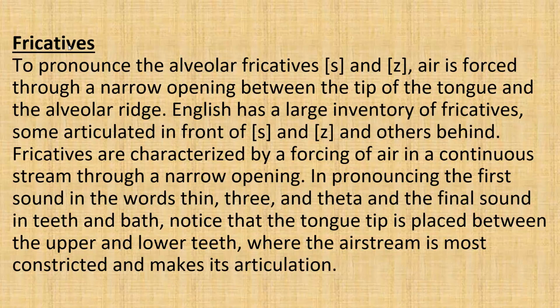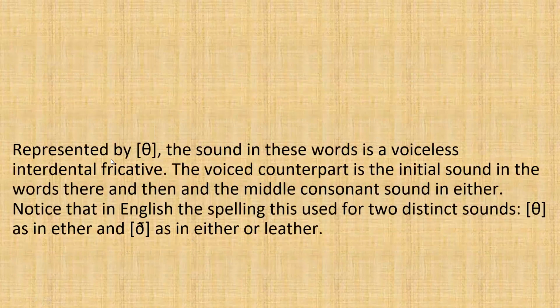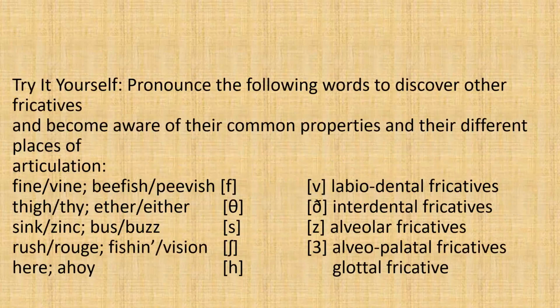The best thing you can do is read these words, pronounce them loudly, and you yourself can understand this. Represented by theta, the sound in these words is a voiceless interdental fricative. The voiced counterpart is the initial sound.